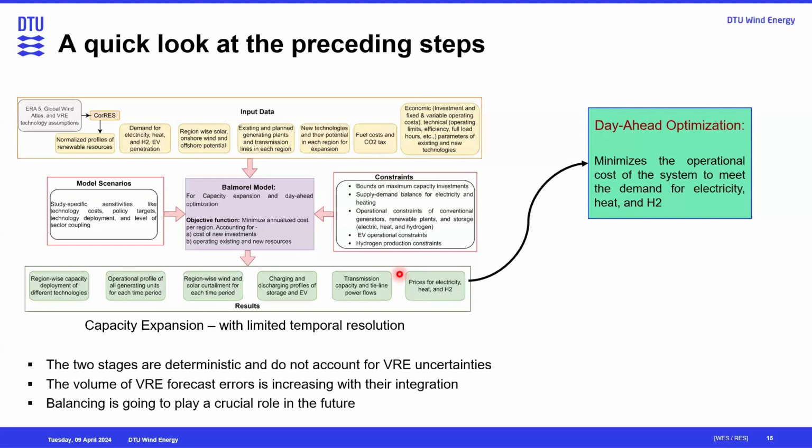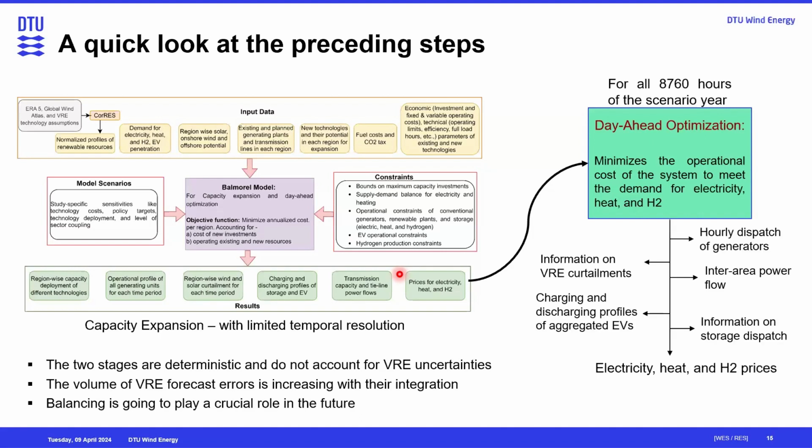And when you have run this capacity expansion and the day ahead market model, then you get the results. There are many results, but the most important one is the day ahead optimization, which is minimizing the operational cost of the system to meet the hourly demand for electricity, heat, and hydrogen for all the scenarios.